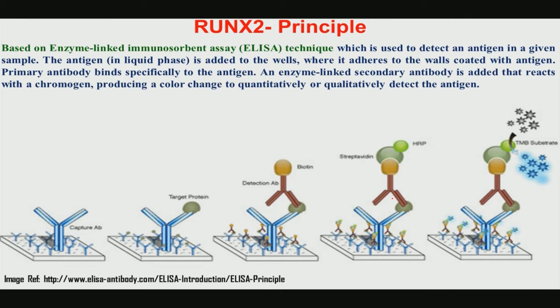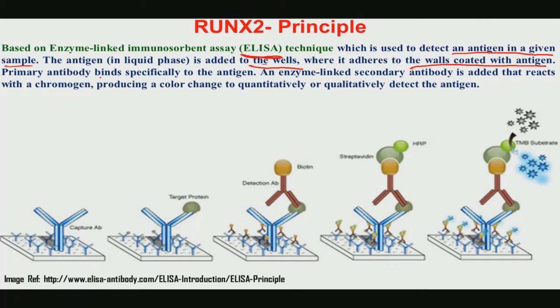So, what is the principle of this RUNX2 assay? This is again based on a different assay, called the enzyme linked immunosorbent assay, or ELISA, an abbreviation which biologists use very regularly. It is used to detect an antigen in a given sample, and this antigen in liquid phase is added to the culture well plate, and it adheres to the walls coated with the antigen.